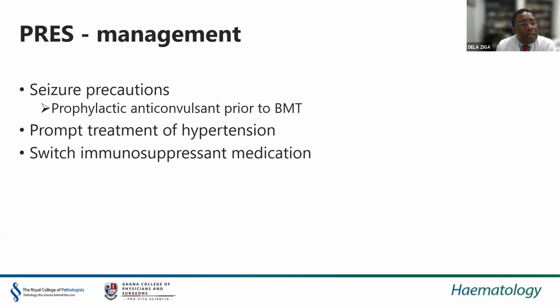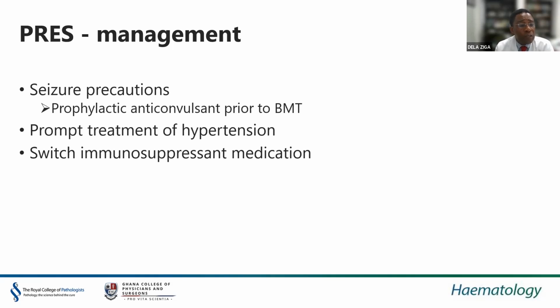For management of PRES, prophylactic medications are key. Most of our patients here begin anticonvulsants prior to transplant. We continue until they're off suppressive medications. When PRES occurs, prompt treatment of hypertension is key, and escalating the anticonvulsants to abort the seizure.